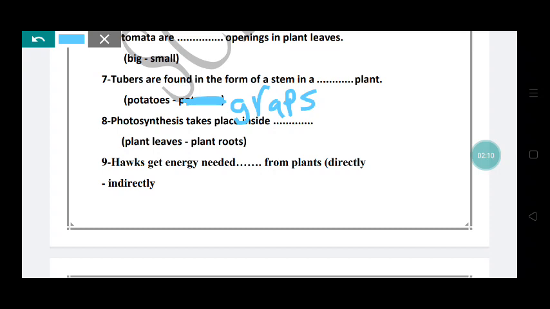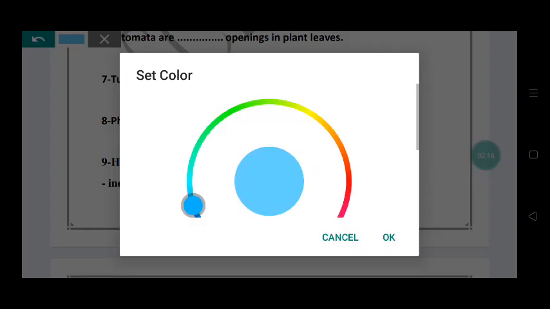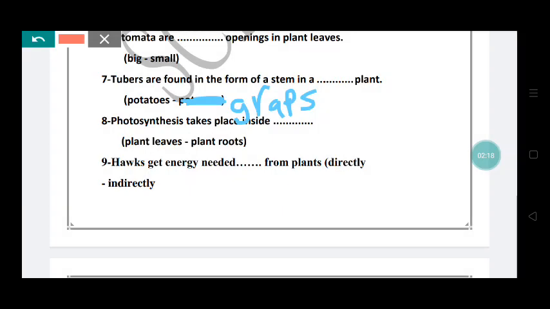Okay, so tubers are found in the form of a stem in a potato plant, excellent. Okay, photosynthesis takes place inside plant leaves or plant roots?